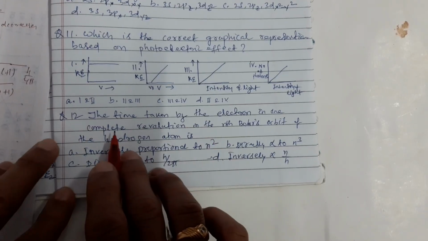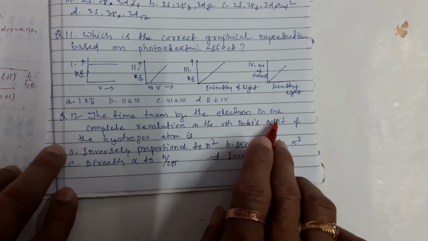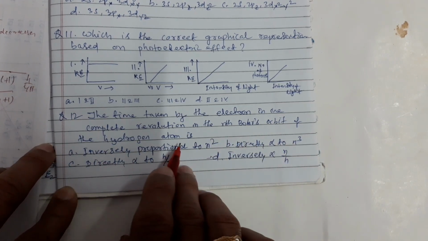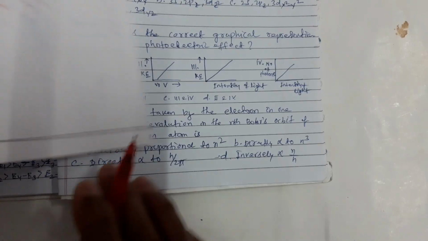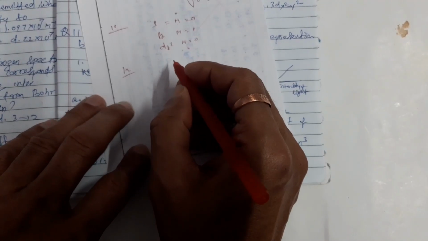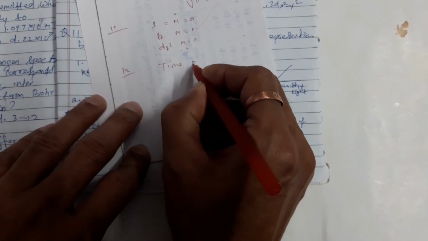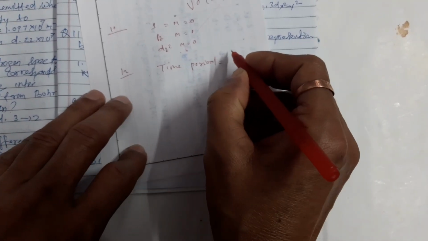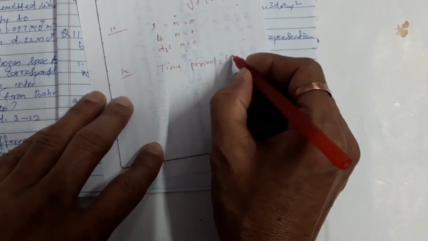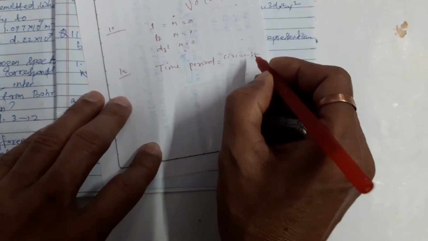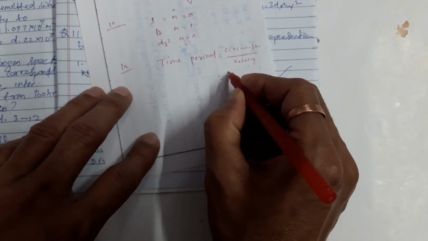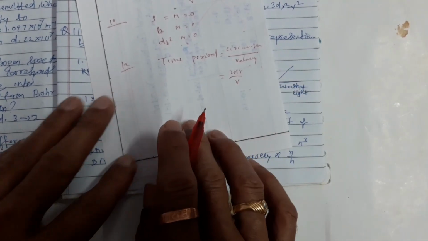Okay, next, the time taken by the electron in one complete revolution in the nth Bohr orbit of the hydrogen atom is what? You see, for a complete revolution, the time period is equal to distance divided by velocity. The distance is the circumference of the orbit, 2 pi r, divided by velocity v.